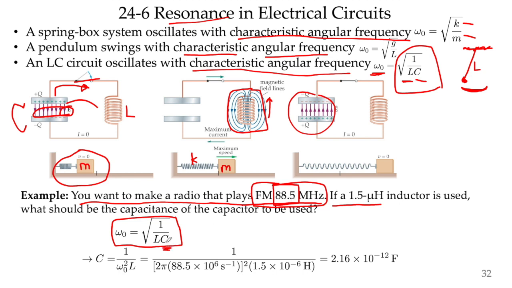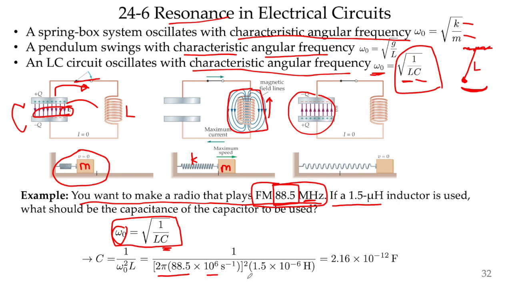If you solve for C, it's going to be 1 divided by omega 0 squared L. Now I want this omega 0 to be 88.5 megahertz, and since this is the frequency, I have to multiply by 2 pi. Mega means million, so it's 10 to the positive 6.